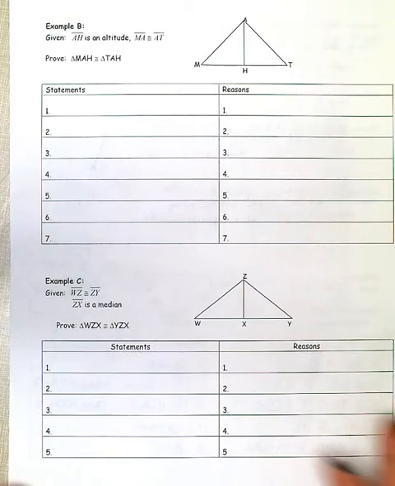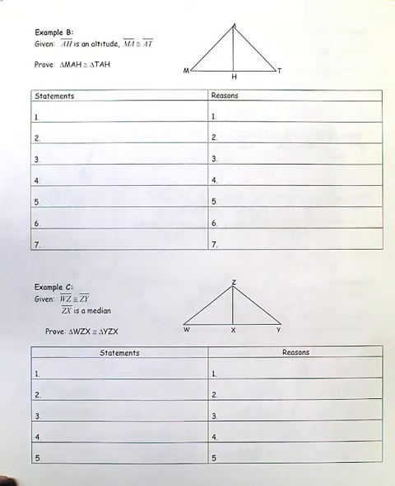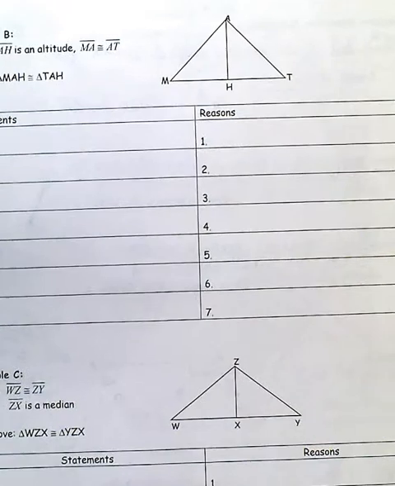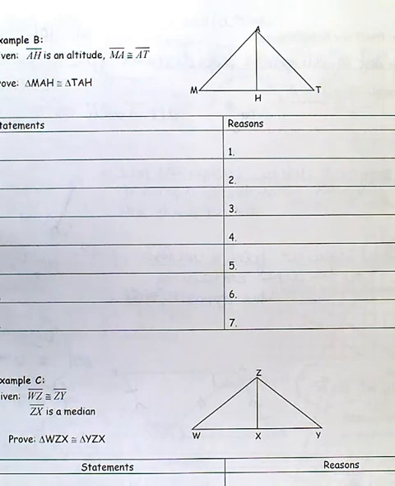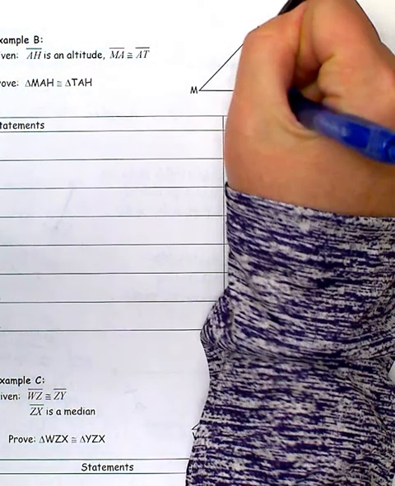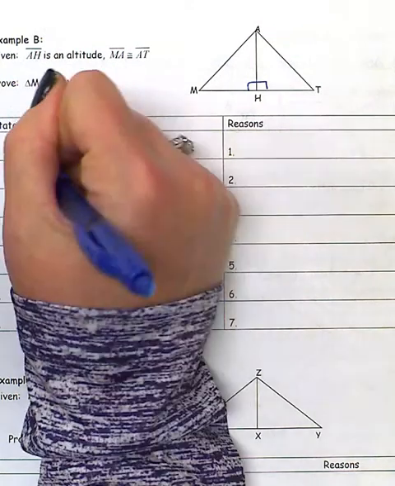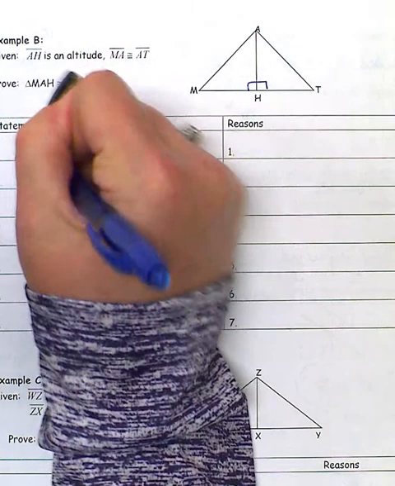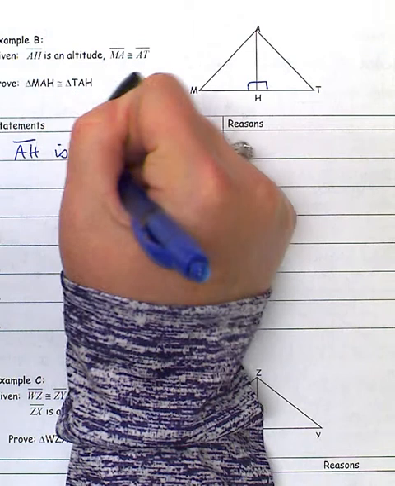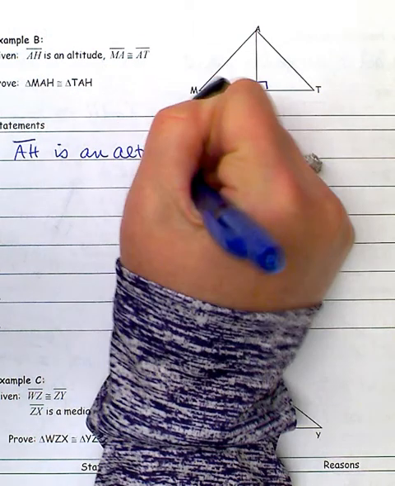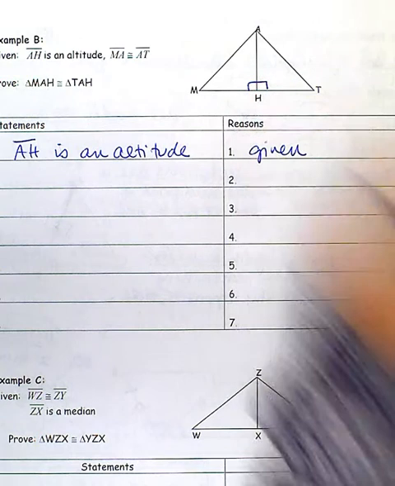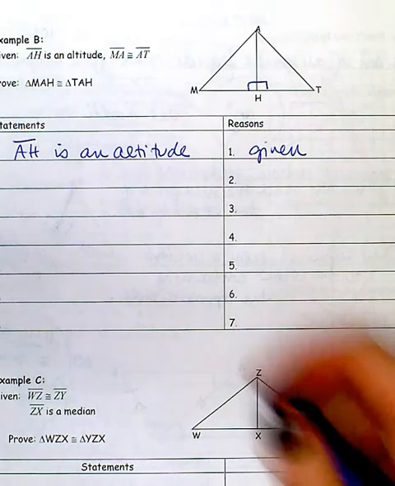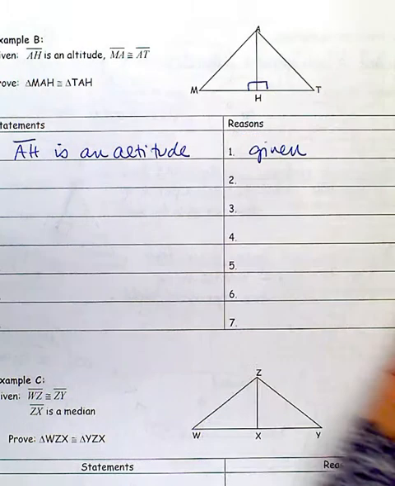Example B. I'm going to zoom in on here a little bit. Okay, so AH rather is an altitude. So notice I'm labeling my diagram right away, because that will help you along. A lot of you, when you draw it, then you have to turn around and say it.